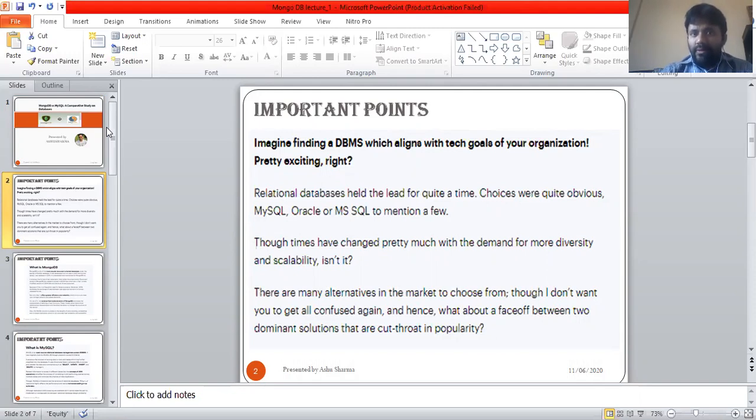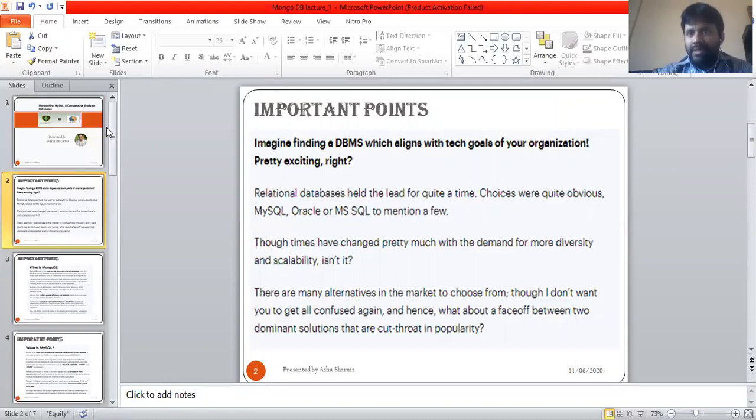But when we talk about some other database like MongoDB, it has the impact of being based on NoSQL, with wonderful features. Relational databases held the lead for quite a time. Choices were quite obvious: MySQL, Oracle, and MS SQL.